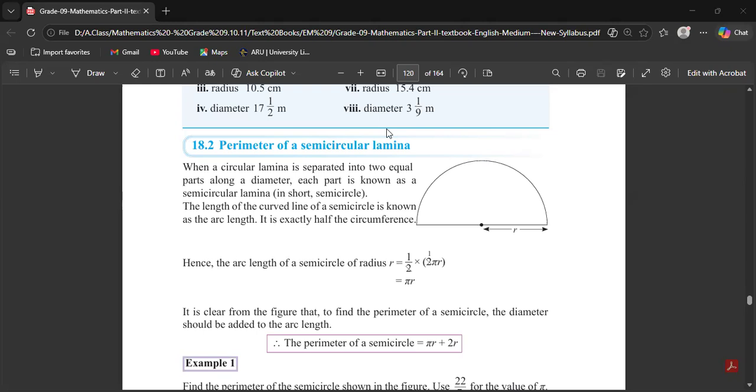Okay. So we have to start that perimeter of a semicircular lamina. Just note down our subtopic: perimeter of a semicircular lamina. Now we are going to find the perimeter of the semicircular part.